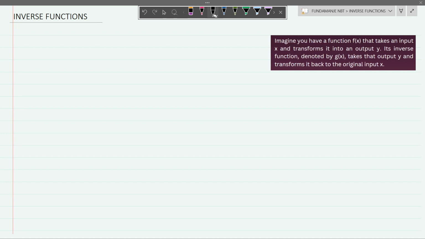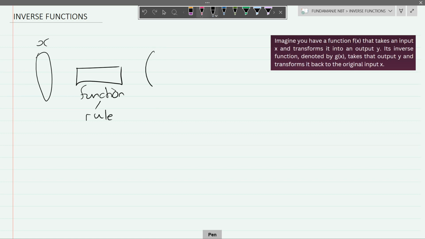So imagine you have a function f of x that takes an input x and transforms it into an output y. So you're envisioning something like this, where we have x input, we have some kind of function or some kind of rule over here, and then we have outputs on the side.